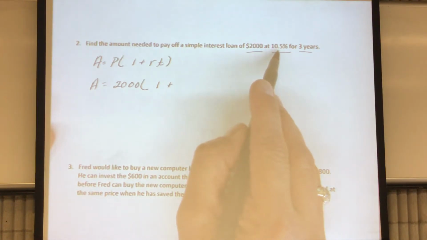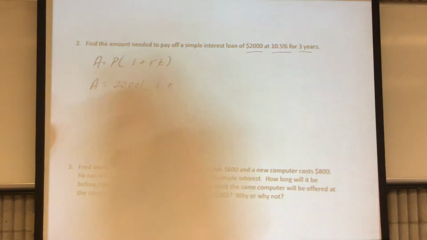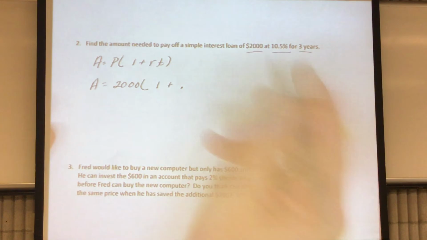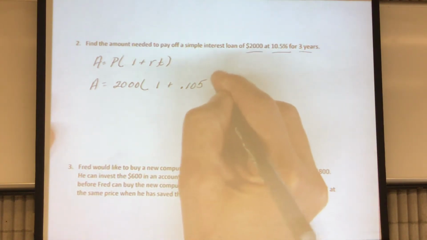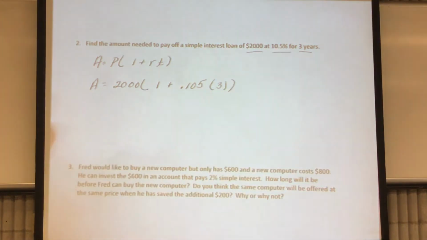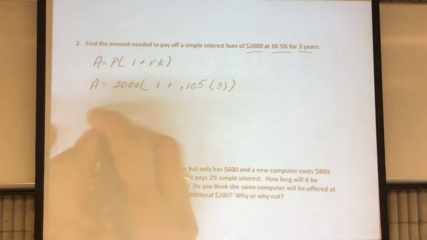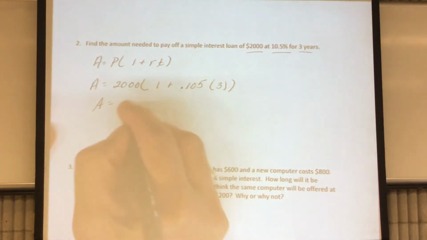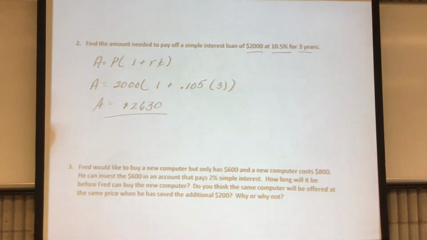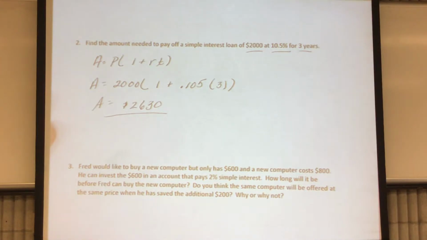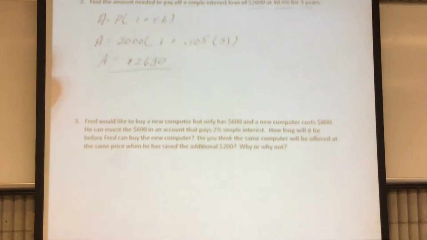Again, we have to divide 10.5 divided by 100, which is 0.105 times 3 years. So doing all that calculation, we have the amount due $2,630. Therefore, you will need $2,630 to pay off the loan in 3 years.